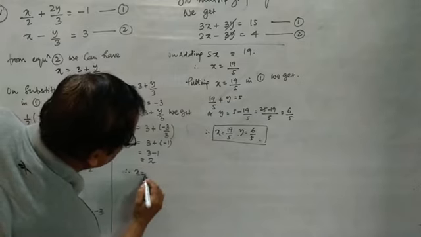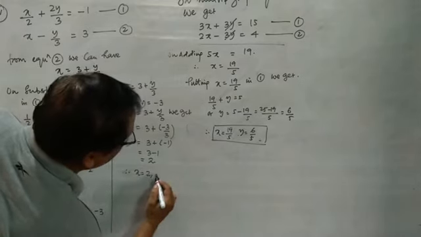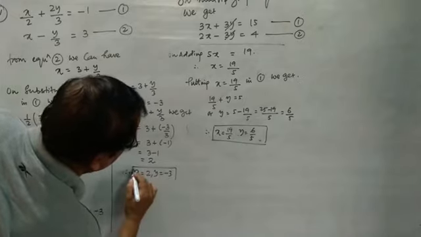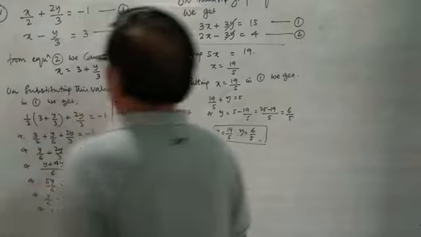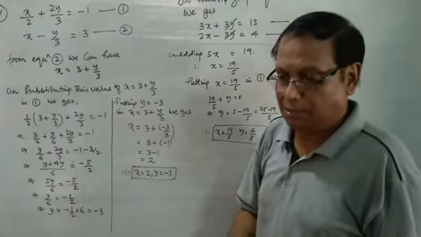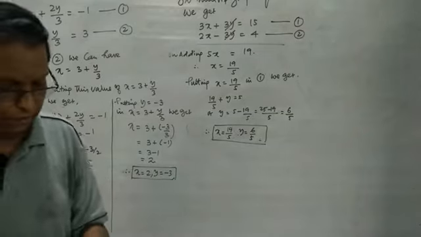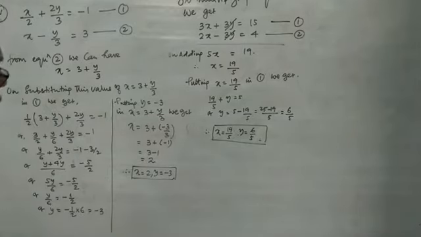Therefore, x equals 2 and y equals minus 3 is the solution of the pair of linear equations in two variables by the method of substitution.